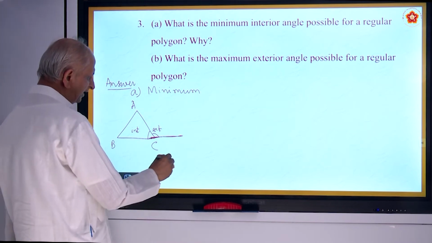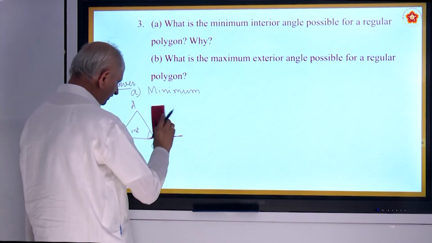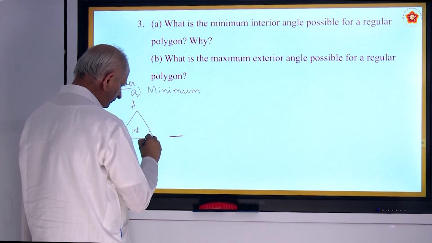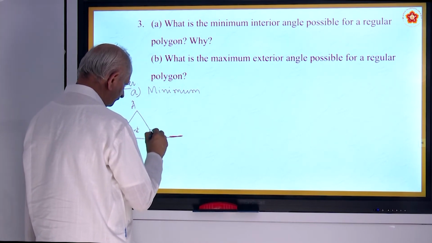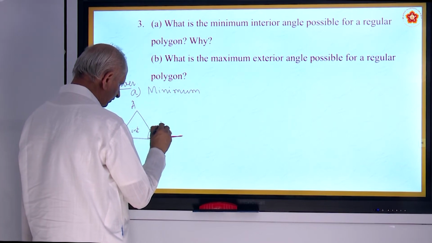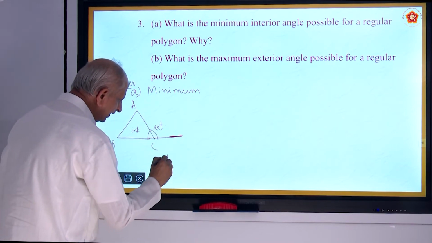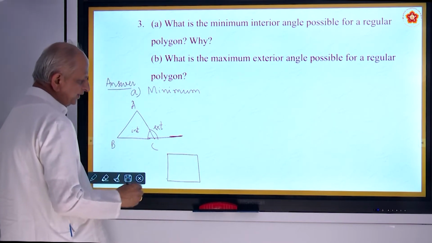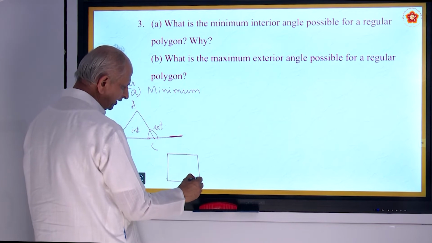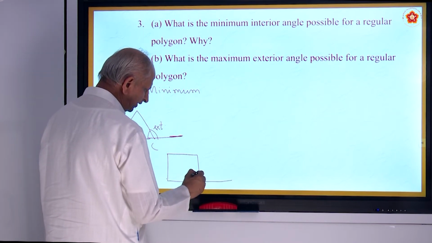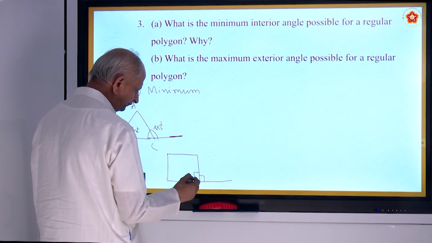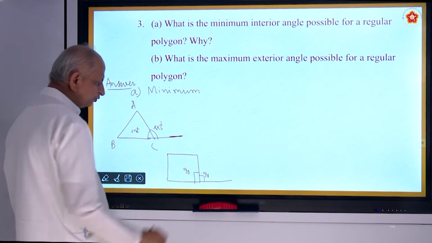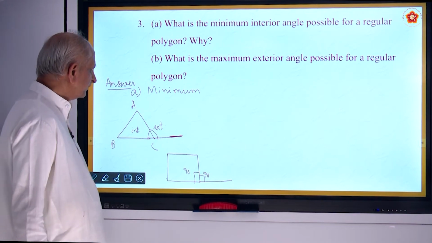So in case of a triangle it is like this, and in case of, suppose you have a square like this, this is called exterior angle. What is the interior angle here? 90 degrees, right? Suppose you produce the side here, this becomes exterior. This also is 90, this also is 90. So the sum of these two will always be 180. Okay.